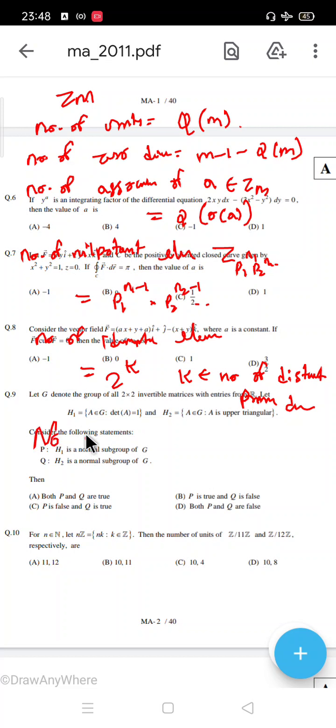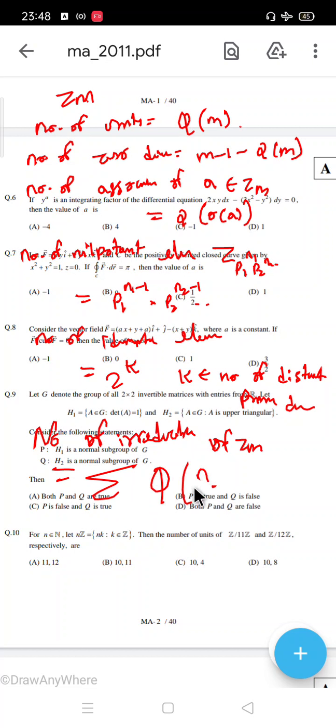The number of irreducible elements of Zm is the summation of phi of m upon p, where p squared divides m.